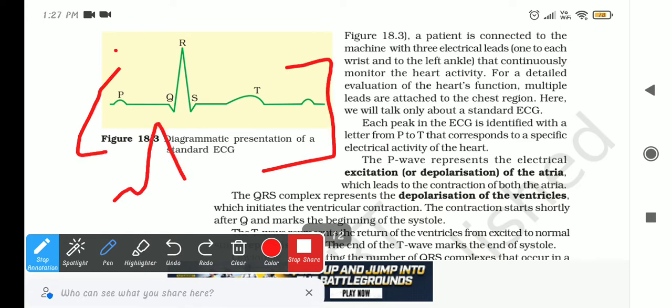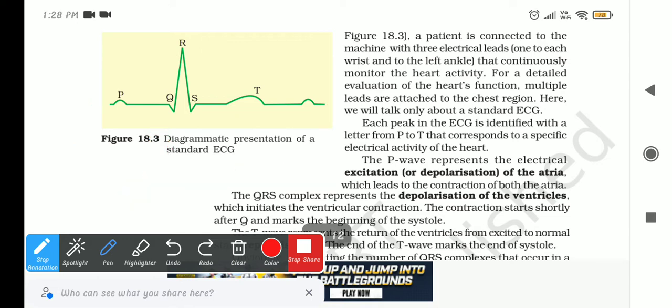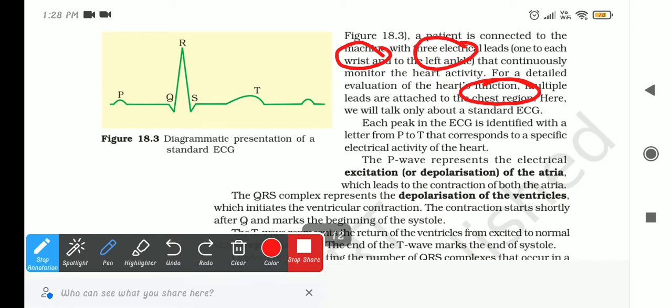A patient is connected to the machine with three electrical leads: one to the wrist, second to the left ankle, and we also have some leads attached to the chest region of the patient. It detects the evaluation of our heart function. Here we talk about the standard ECG.